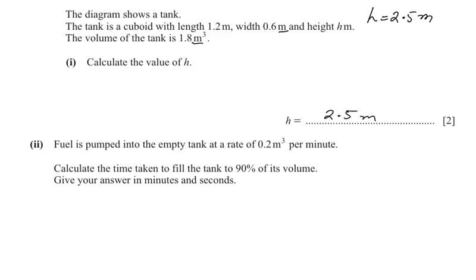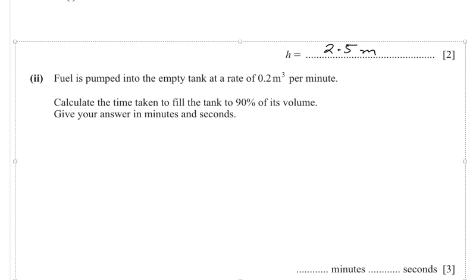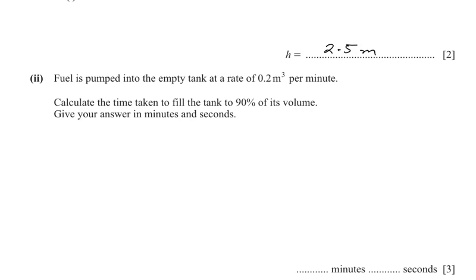Moving forward, fuel is pumped into the empty tank at a rate of 0.2 meters cube per minute. Calculate the time taken to fill the tank to 90% of its volume. First we will find 90% of its volume.